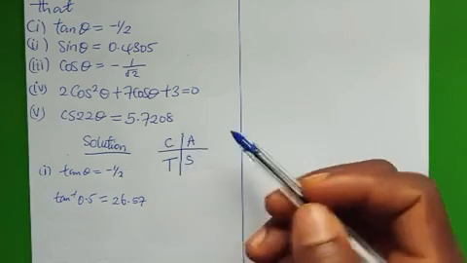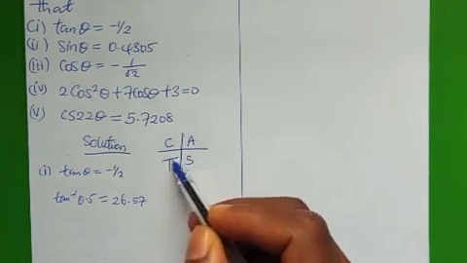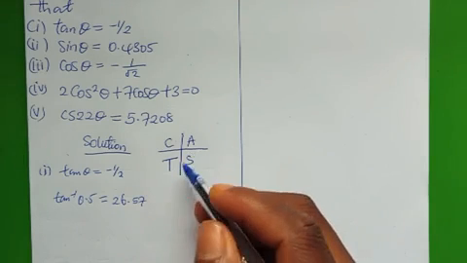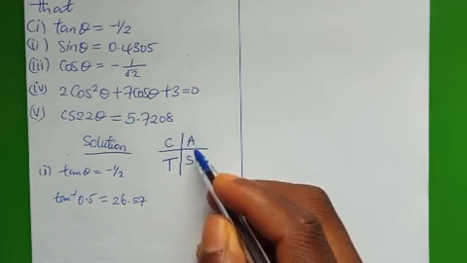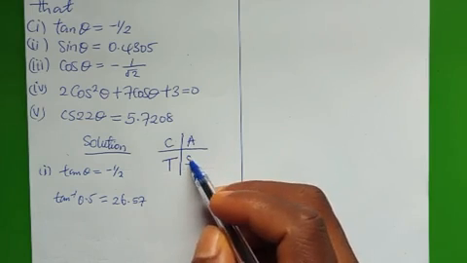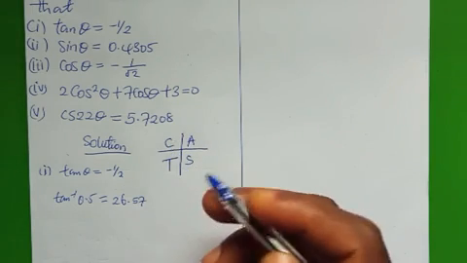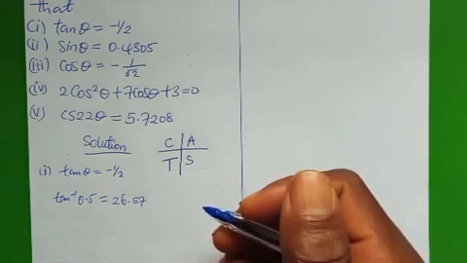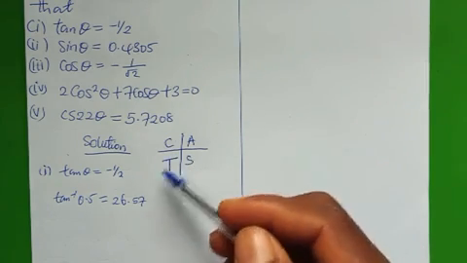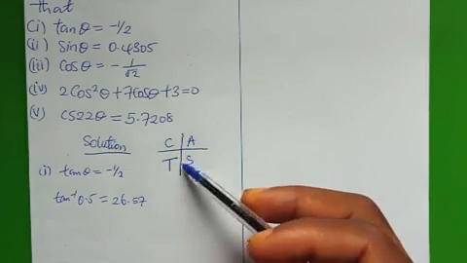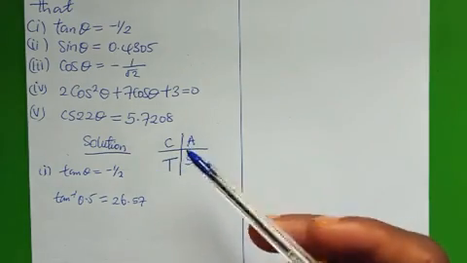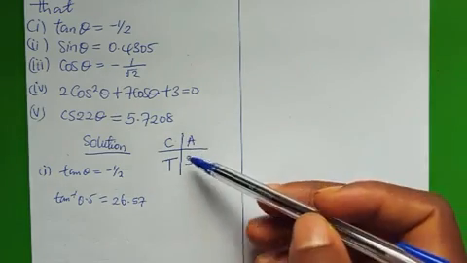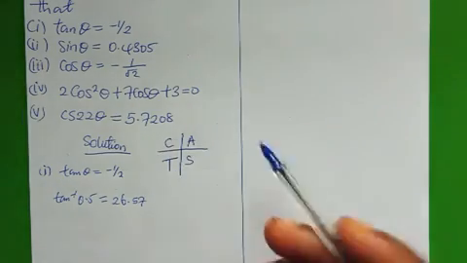Now, for the fact that it is negative, we shall be checking this value under the quadrant where tan is negative. In the third quadrant, tan is positive, and in the first quadrant, tan is positive also. Therefore, in the second and the fourth quadrant, tan will be negative. So the value of theta will lie in the second and the fourth quadrant.